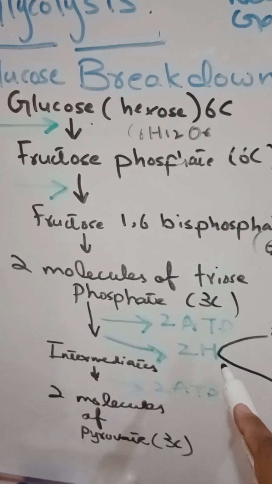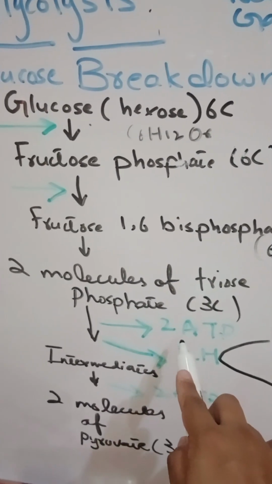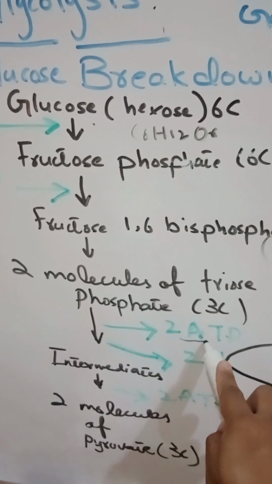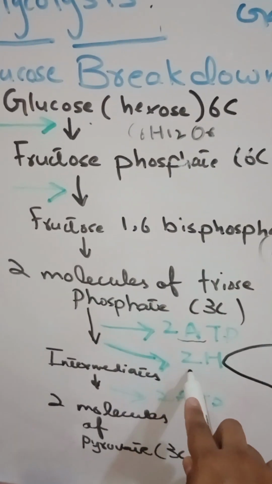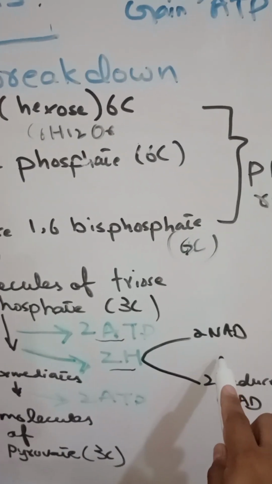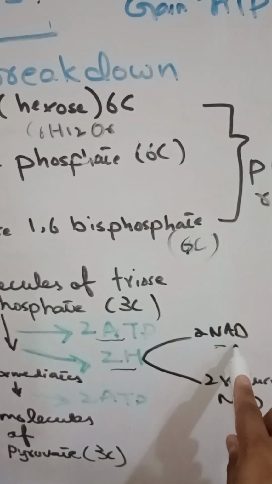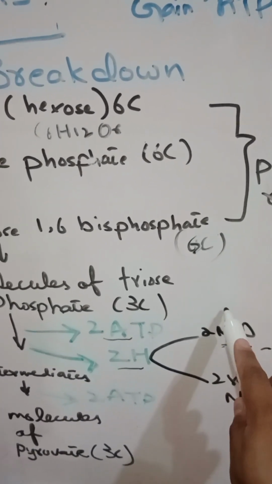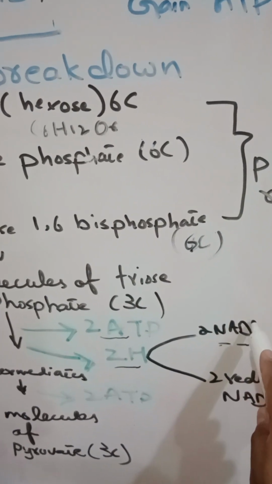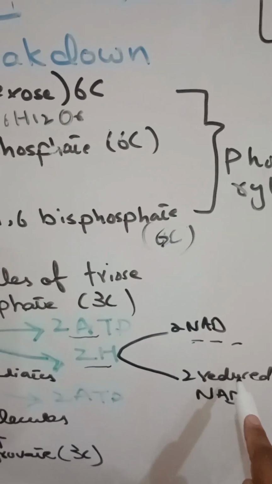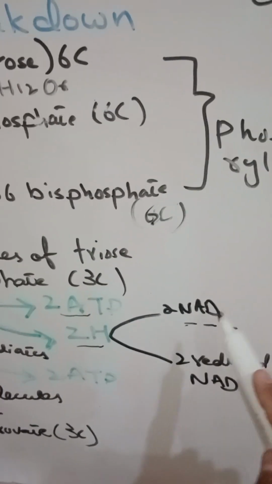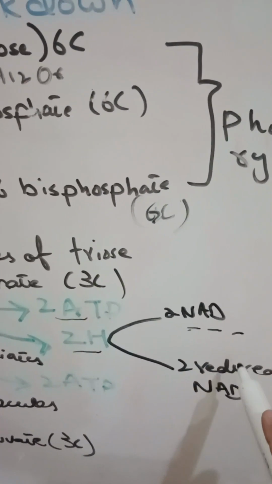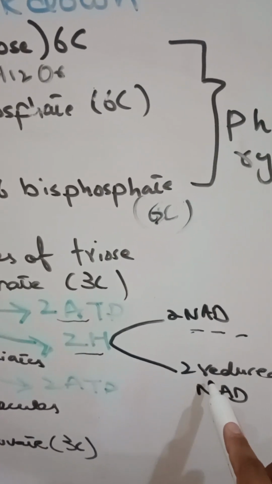Now what will happen here? 2 ATP molecules will be produced and hydrogen will be added to nicotinamide adenine dinucleotide. The nicotinamide adenine dinucleotide will be reduced into 2 reduced NAD.